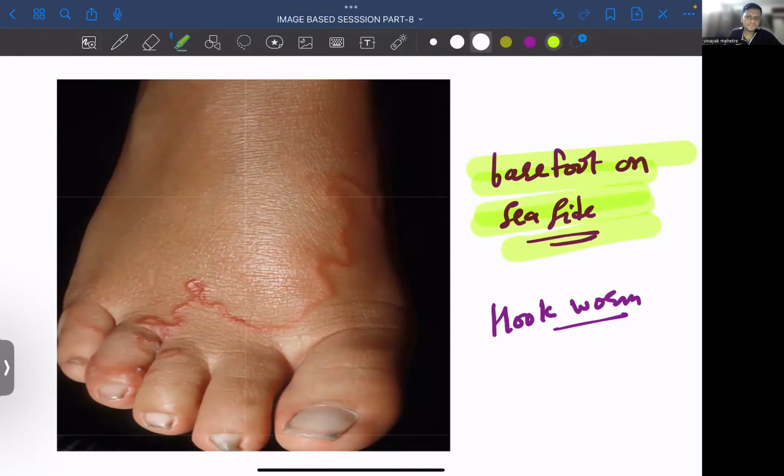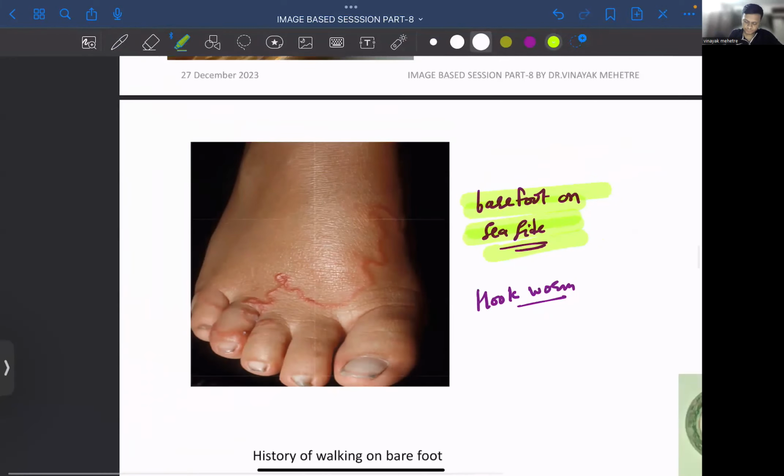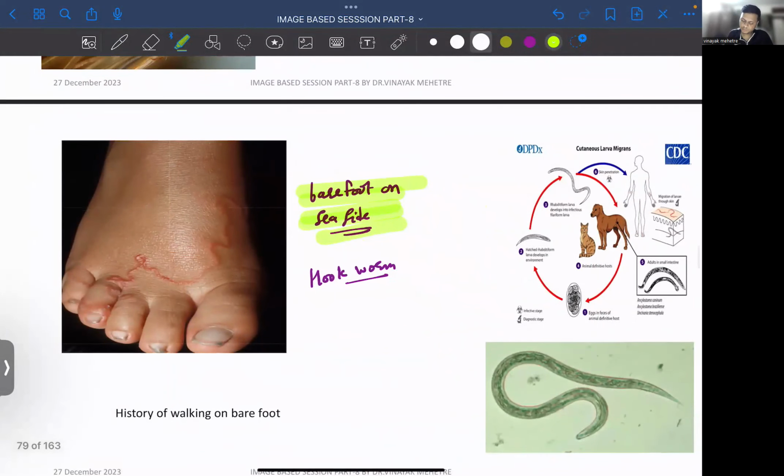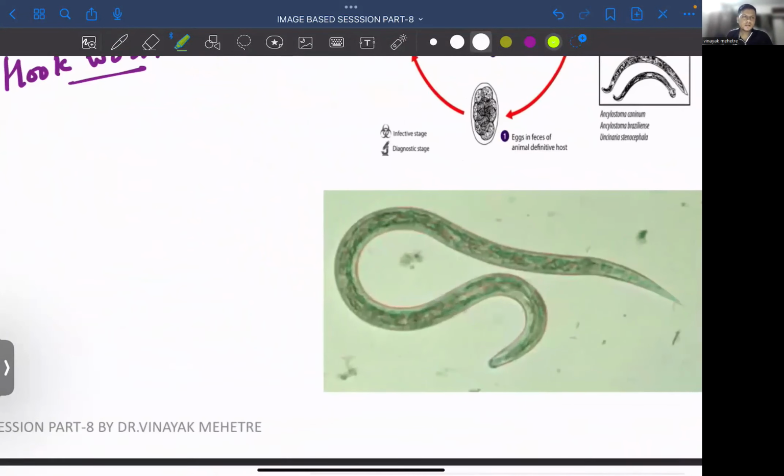Barefoot on seaside, right? हुकवर्म कैसे दिखता है? How to identify hookworm? नाम क्या है? Hook. So there should be a hook, right? Yellow hook. Hookworm will look like a hook. ठीक.